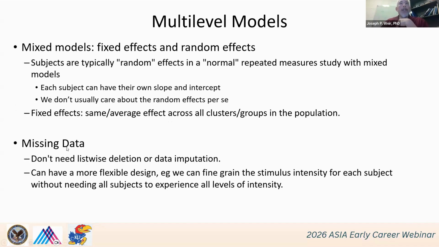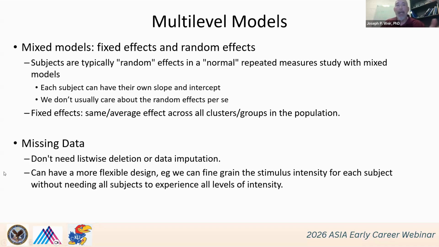And one of the other advantages of multi-level modeling in a traditional sense is that we can deal with missing data. So we don't have to use listwise deletion or data imputation. For the types of studies that we're talking about here, it's not missing data per se, but it gives us a lot of flexibility. We don't have to have the exact same stimulus intensity across different parameter settings.